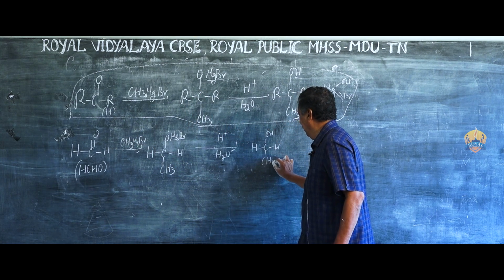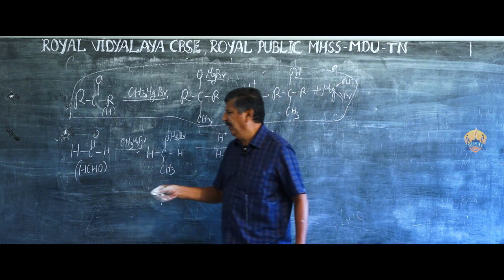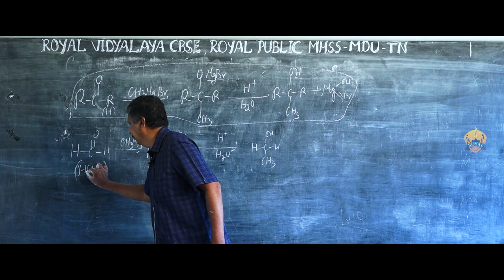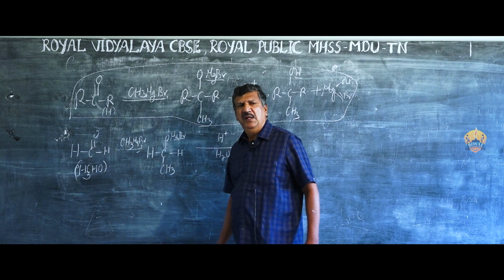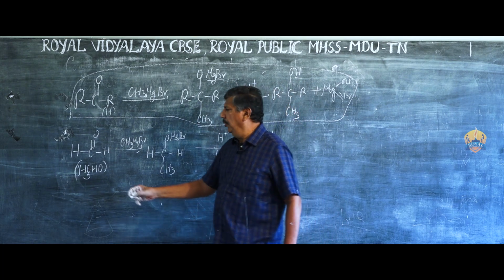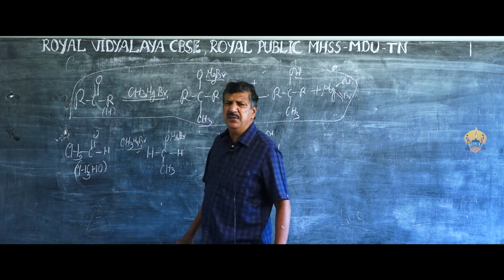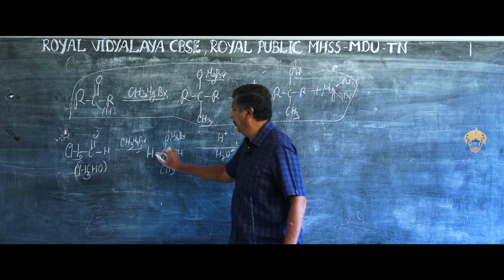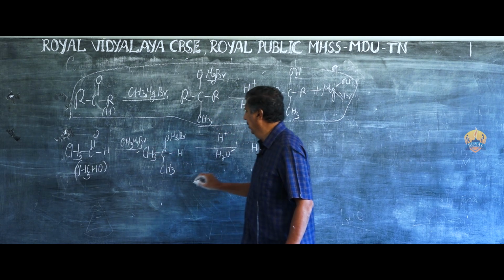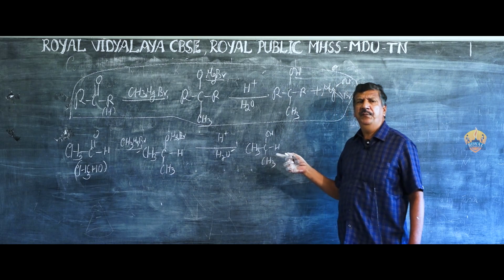So, okay, what I am going to do is, I am going to change for acetaldehyde. When I change for acetaldehyde, what you should do? You should also change this hydrogen into acetaldehyde. That's all. Here also you change. What is it getting?